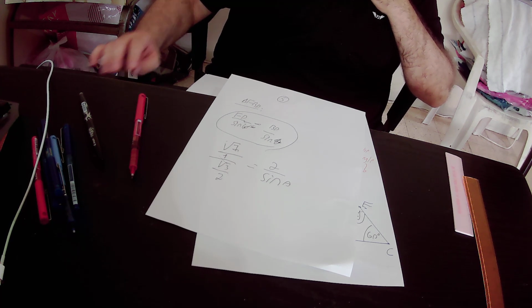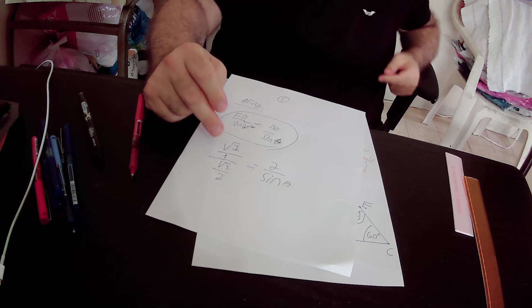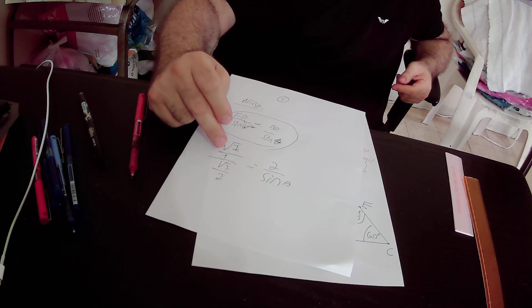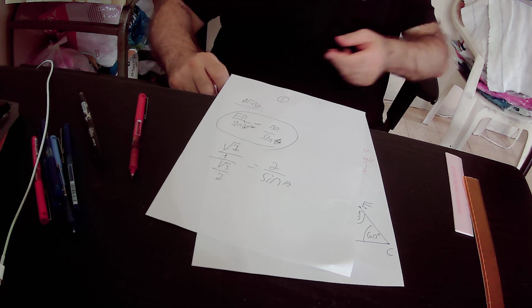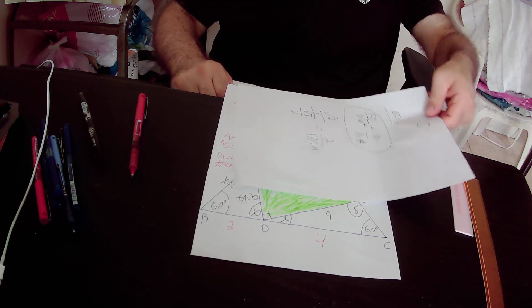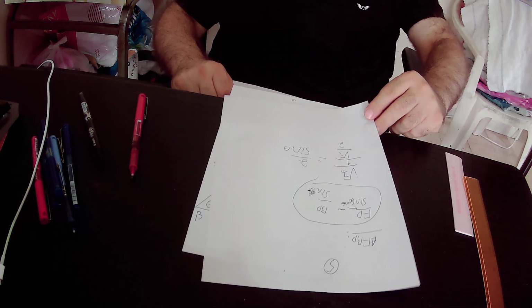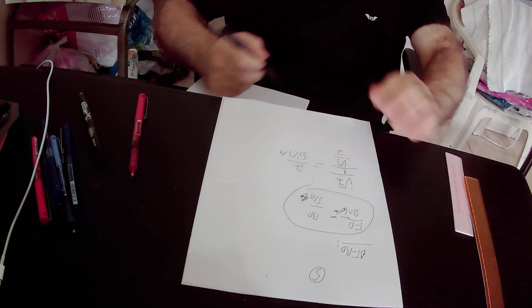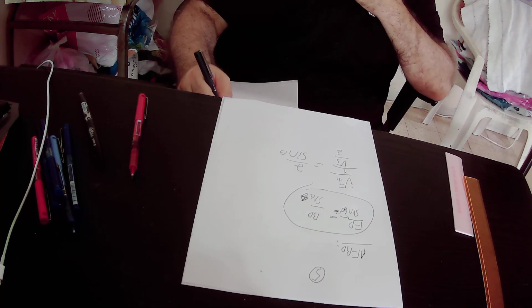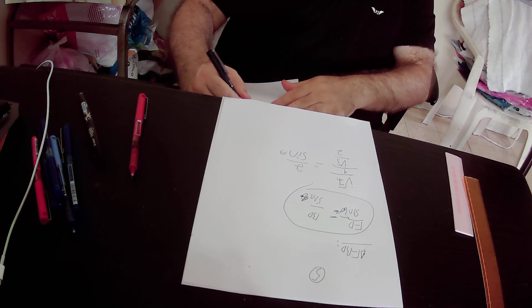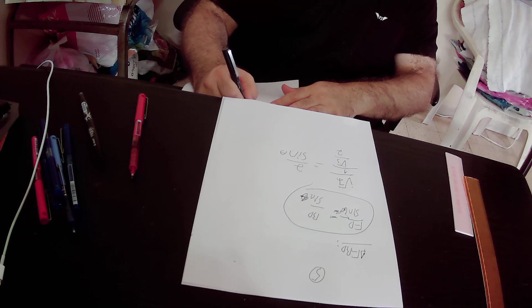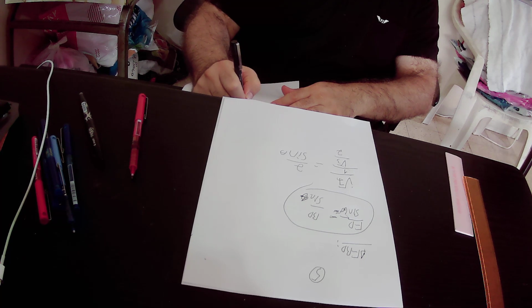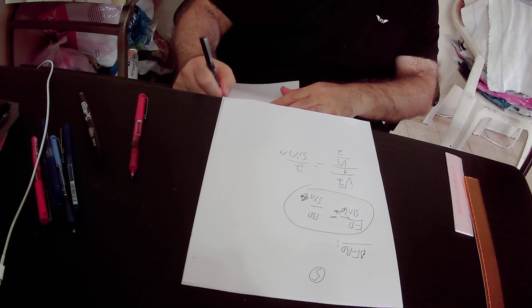Okay, here we will move 2 to the numerator and root 3 to the denominator, and we will get that 2 times root 7 over root 3 equals 2 over sine theta.